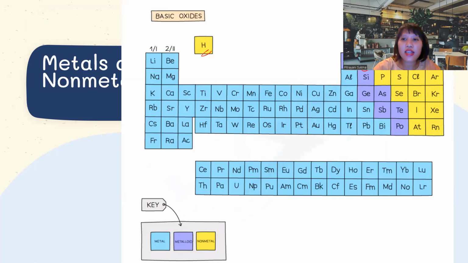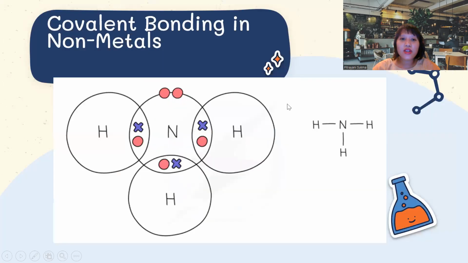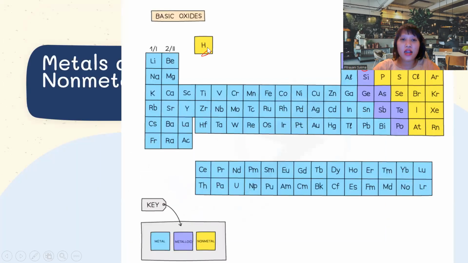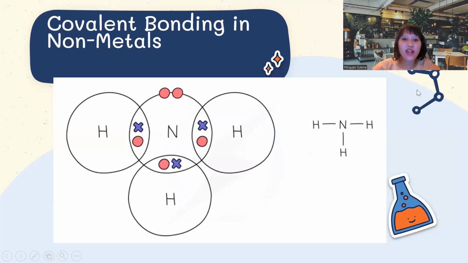In order for nitrogen to become stable like the noble gases, it needs 3 more electrons, so it becomes 8. So they share electrons with the hydrogen, because hydrogen needs 1 electron to become a full 2 electrons. Hydrogen gets 1 from nitrogen, so it has 2 electrons and becomes more stable. And nitrogen shares 3 electrons with the hydrogen, making 3 covalent bonds, so its electrons become 8, and it becomes stable like the noble gas electron configuration.